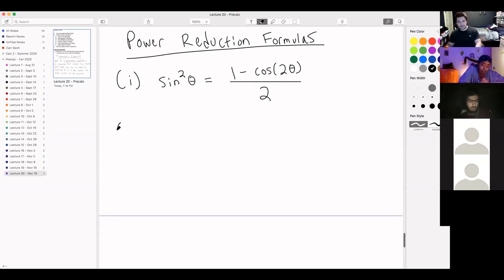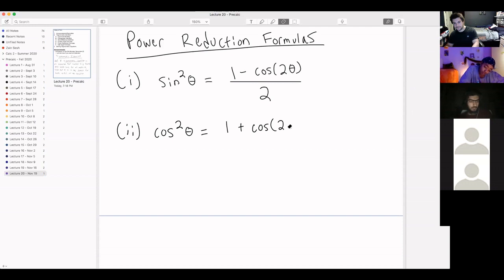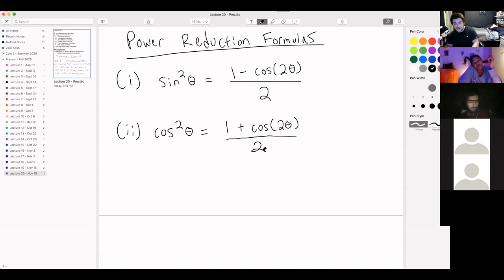That's the first one. Second one, cosine squared of theta. This is similarly 1 plus cosine of 2 theta over 2, okay? Sorry, I'm having a hard time writing today.